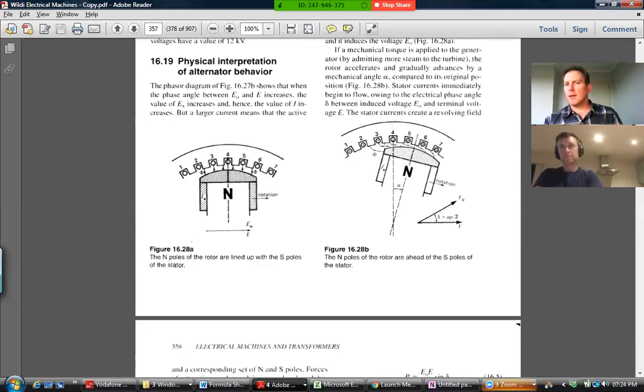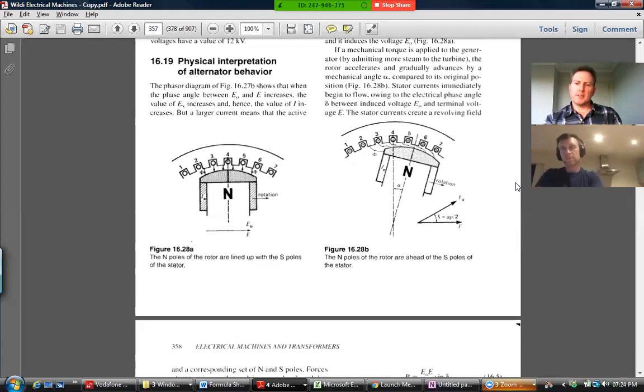And what will happen is, as you try and open the steam turbine's valve, this will creep ahead and creep ahead, rotating all the time, but eventually it will settle at a certain number of degrees where each pole is slightly ahead of its corresponding pole on the stator. So every north has a corresponding south. Somewhere else there'll be a south on the rotor with a north on the stator corresponding, but one is just slightly ahead of the other.